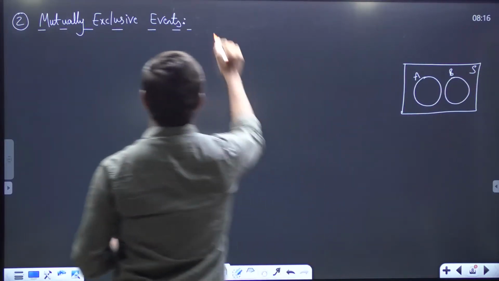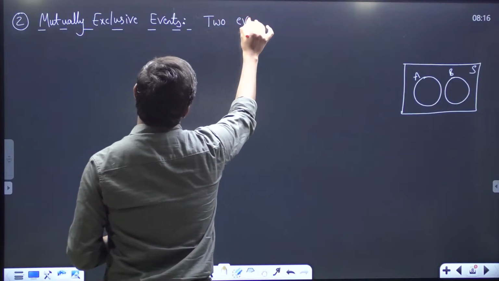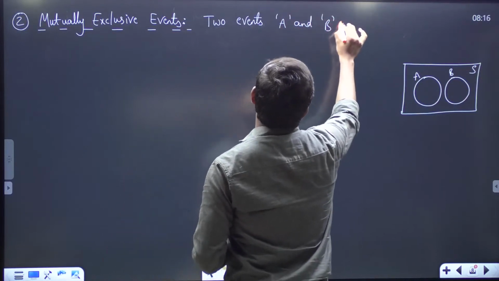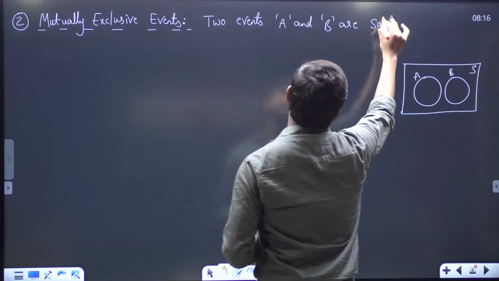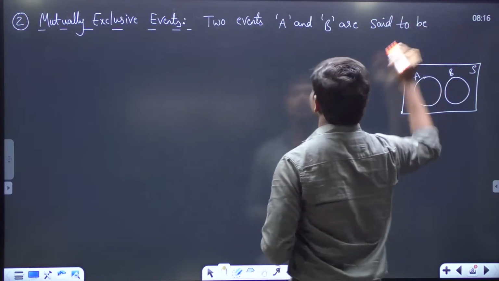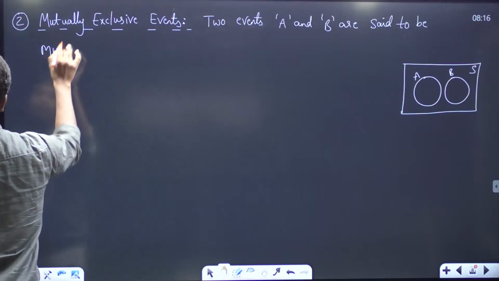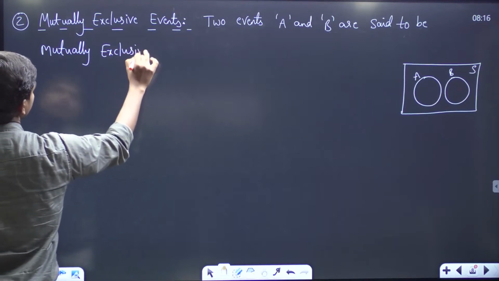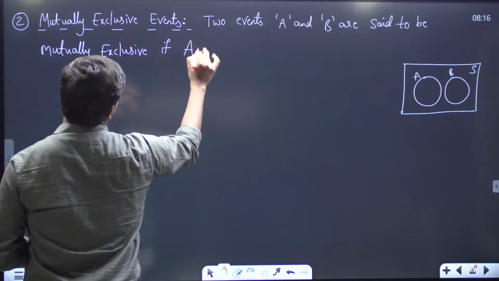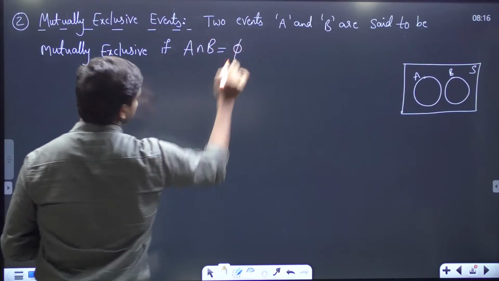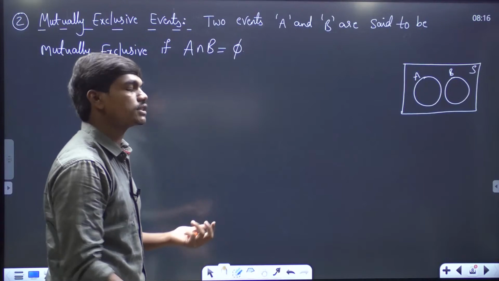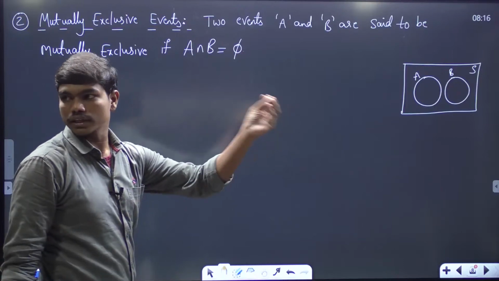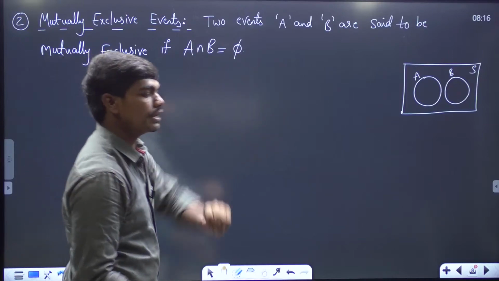So two events A and B are said to be mutually exclusive if A intersection B is equal to phi, the symbol to denote the empty set, the null set, which doesn't have any outcomes. Which means there is no common outcome in both A and B.